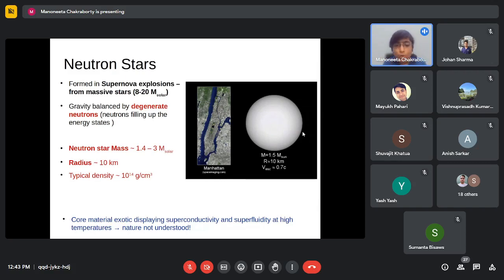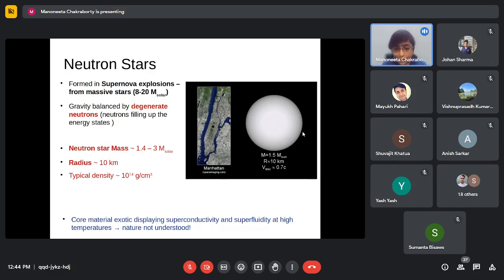At the very core, the density reaches extreme values, even higher than the density inside a nucleus. The inside of a nucleus is the highest density that we know of, but inside a neutron star core, the density can even surpass nuclear density. That basically means that inside the core of the neutron star, the properties of matter become exotic.